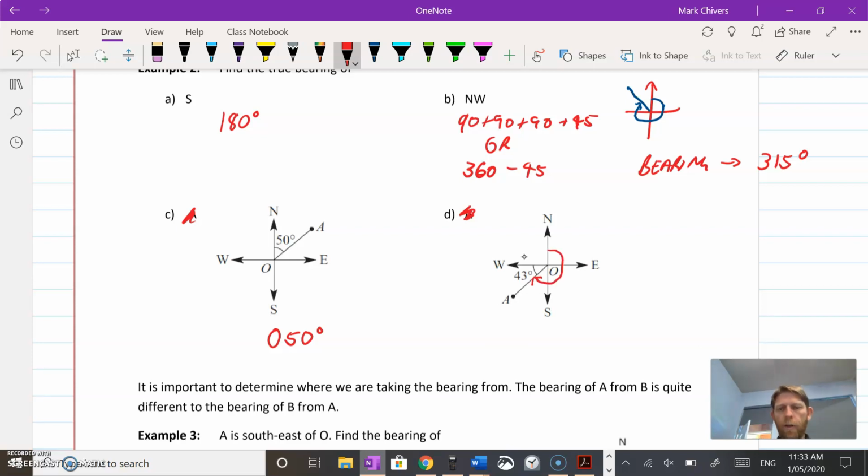Given that that's 43 degrees there, this part here is going to be 90 degrees minus 43 degrees because they're complementary angles on a right angle. So that's going to be 47 degrees. In other words, my bearing is going to be 180 degrees, which is all the way around to south, plus another 47 degrees, which is 227 degrees.